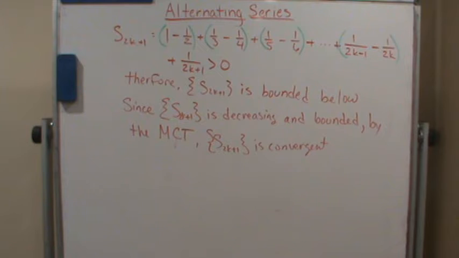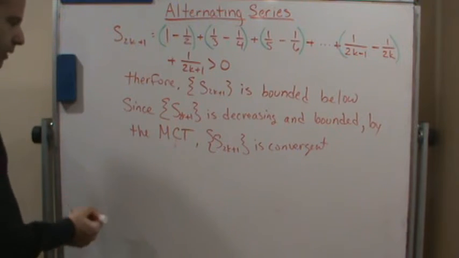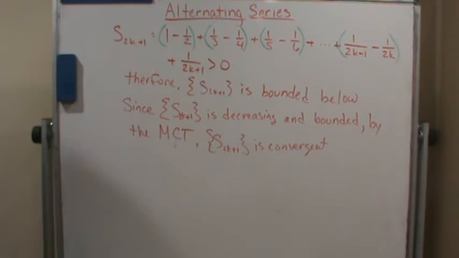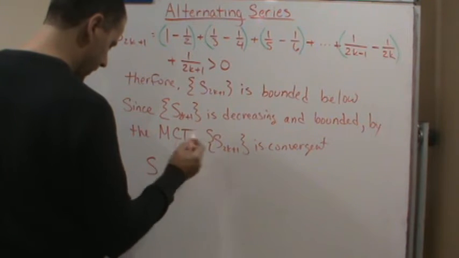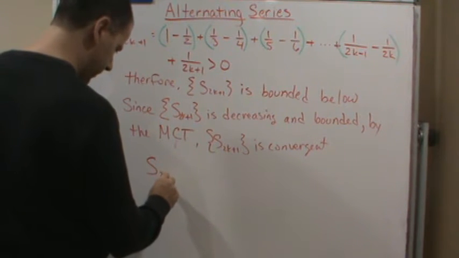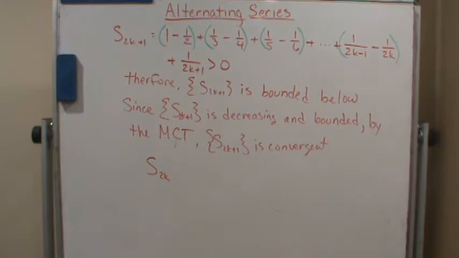And now we're going to show, similarly, that the sequence of even terms, s sub 2k, is an increasing function that's bounded above. Why? Well, let's look at the partial sequences of 2k. We know we can write something similar because we can start with 2k minus 2, right?